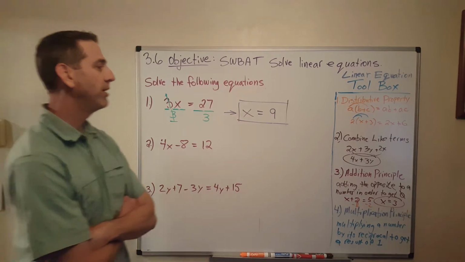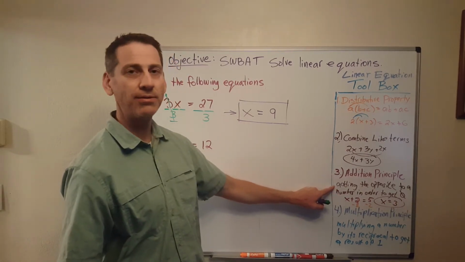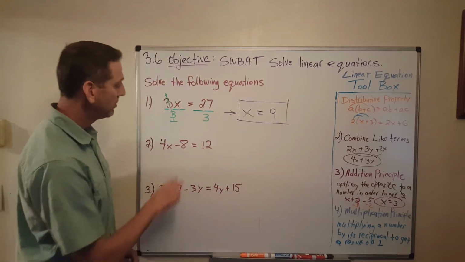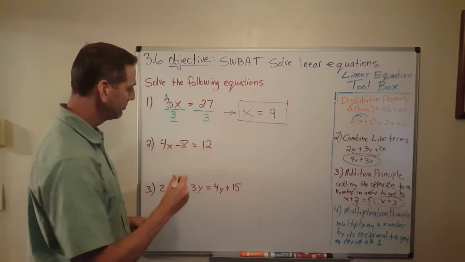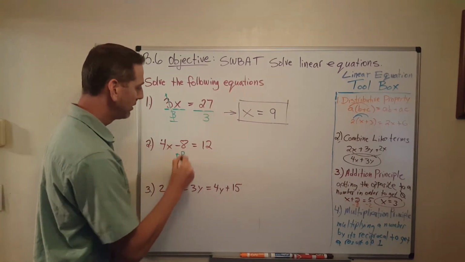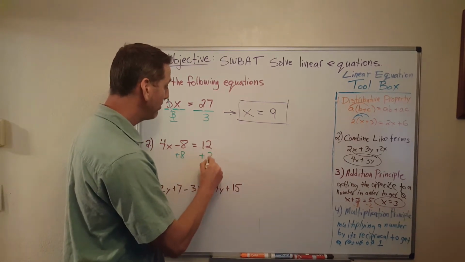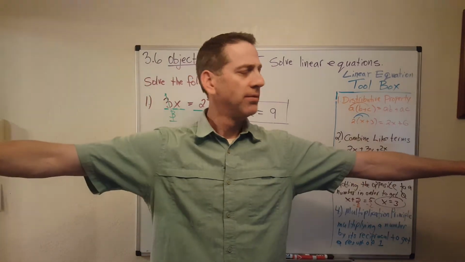Okay, so the addition principle says, hey, we're just going to add the opposite to a number to eliminate that number. So what's the opposite of negative 8? Positive 8, right? And just do that to the other side. Think of an equation as a balance, right?